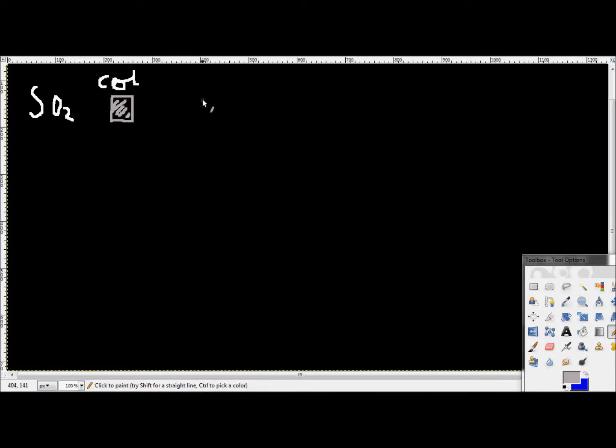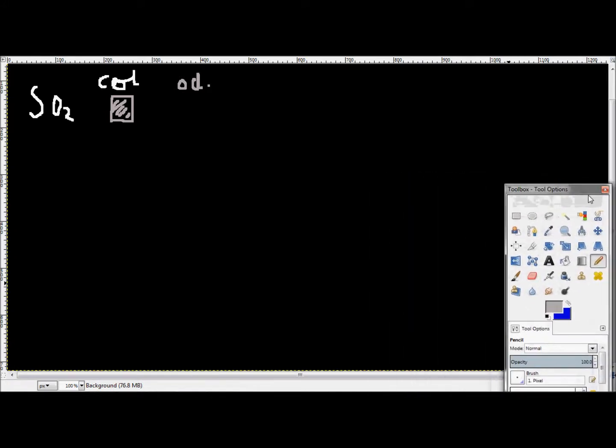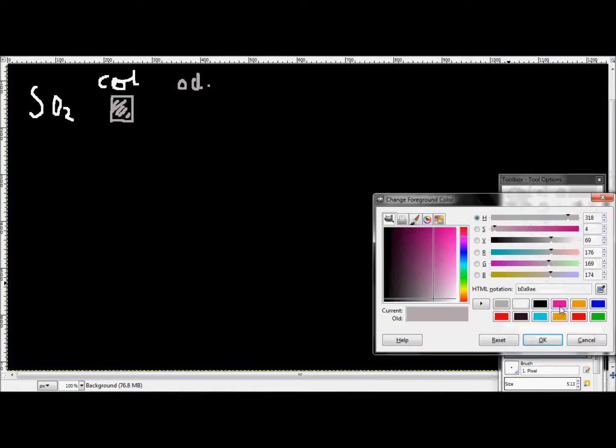Then we come to odor. This is the first one so far that has odor, and it is burnt sulfur. Now I don't know about you, but I associate sulfur, for some reason, with the color yellow.